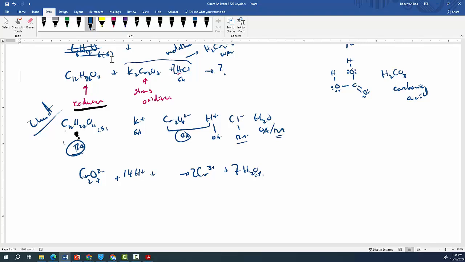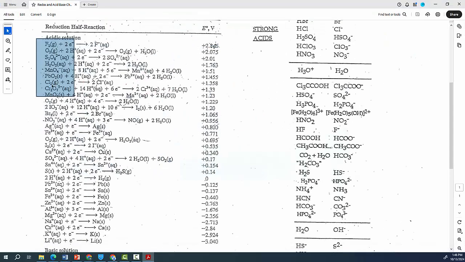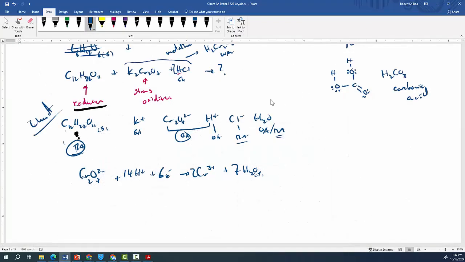And so chromium's going from chromium 6 to chromium 3, so that's plus 3 electrons each, and we have 2 chromium, so it's plus 6 electrons.